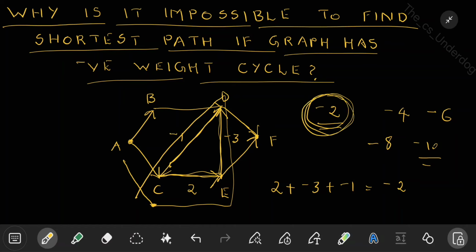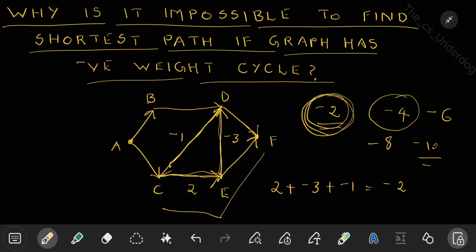What will you do then? You will again take this cycle unnecessarily so that your path length will again decrease by 2. So you will keep doing this whatever number of times you want, and after that you will proceed to F.